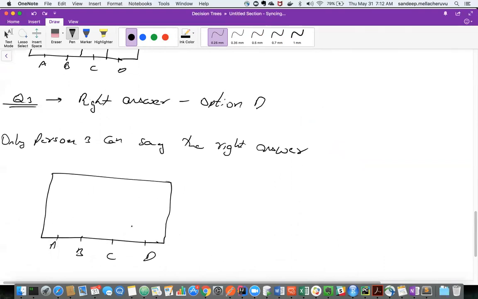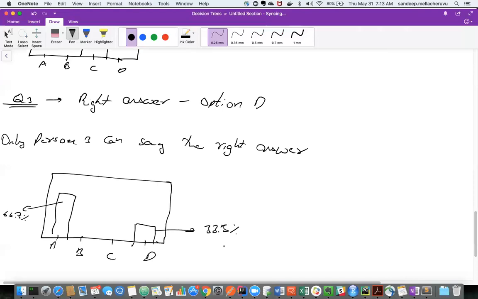Sorry, D will be there only for 33% because only one person out of the 3 persons is going to say the right answer. But the other 2 persons may not be telling the same answer, right? Person 1 may be saying this one, person 2 may be saying this one. But assuming that the other 2 persons are going to say the same answer, let's say A, this is going to be 66%. The other values are going to be 33%.